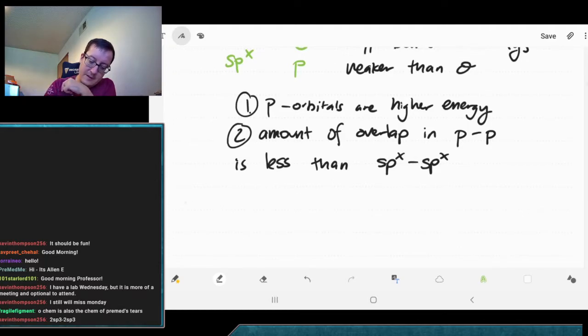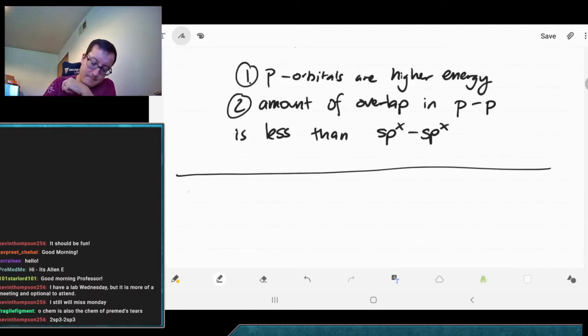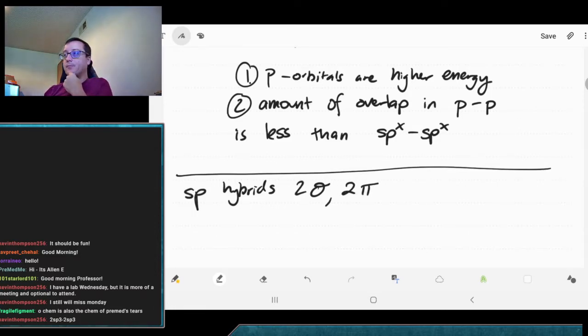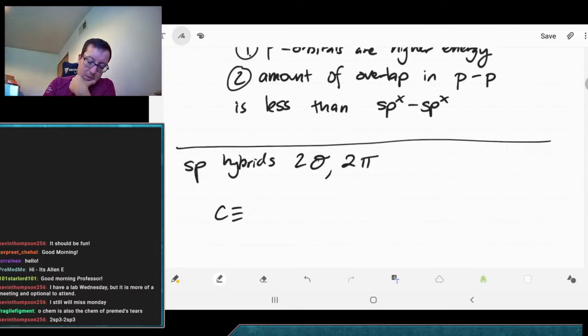Alrighty, let's look at sp. These are going to be molecules with 2 sigma and 2 pi bonds. Classic example here is acetylene or ethyne. Ethyne I think is the preferred name, but acetylene is probably more common.